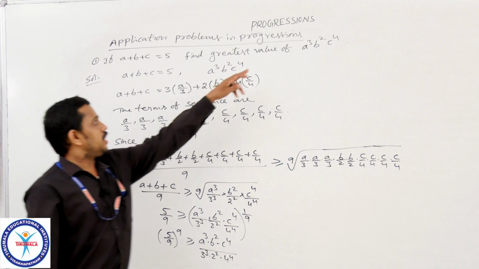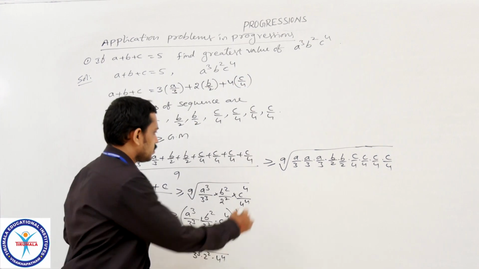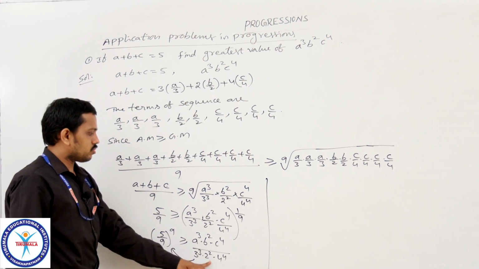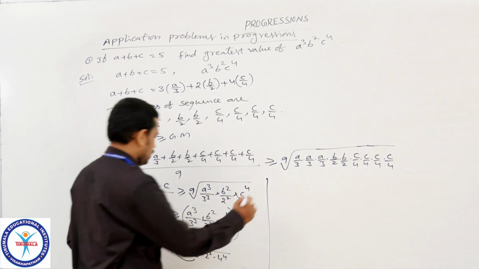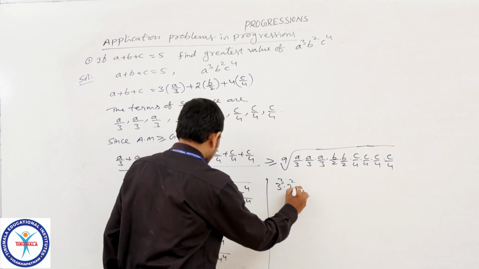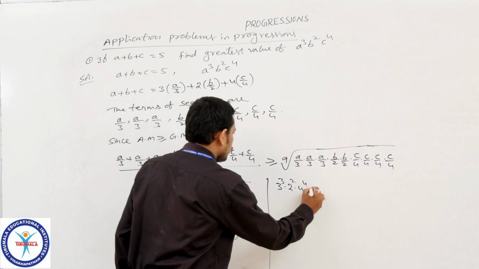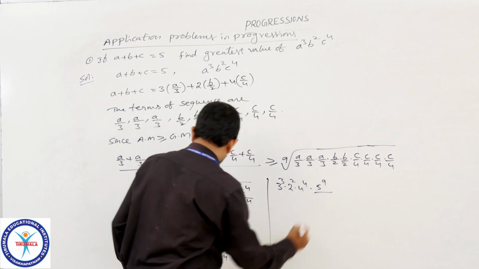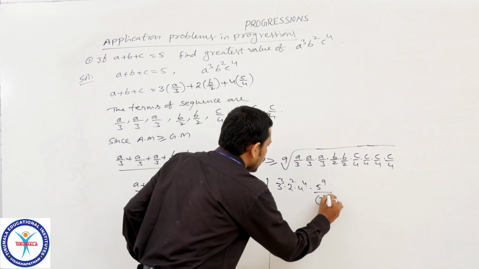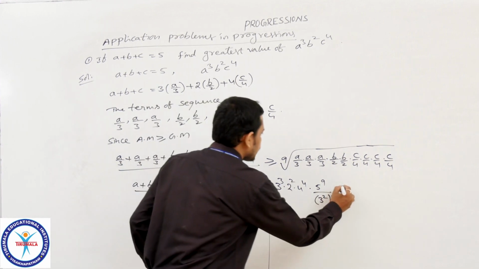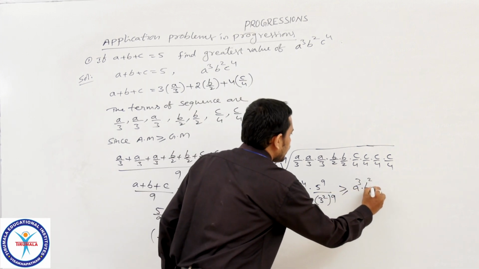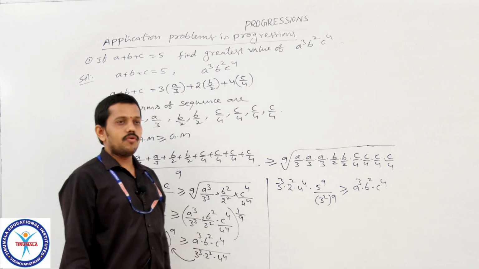Here we required a cube b square c power 4. So then by taking 3 cube into 2 square into 4 power 4 to the left side, it becomes 3 cube into 2 square into 4 power 4 into 5 power 9 by 9 power 9. Here can we write 9 is equal to 3 square? 3 square power 9 is greater than or equal to a cube into b square into c power 4.